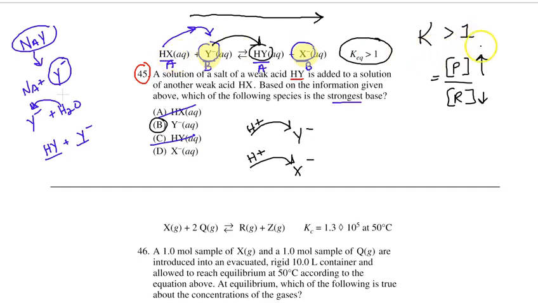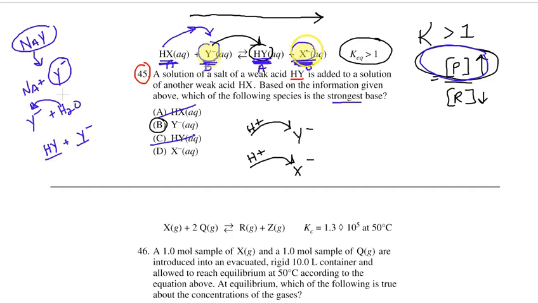How do I know? There are more what? Products favored. Why are there more products favored? Because K is greater than 1. So there's a lot more HY and X negative than there is HX and Y negative. Why? Exactly, because Y negative has a better ability to force the reaction to go forward.